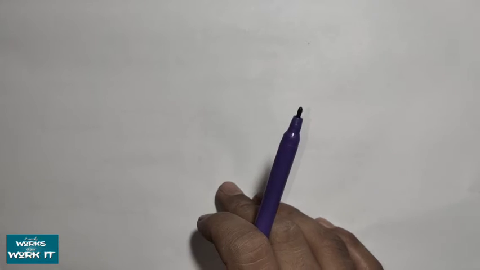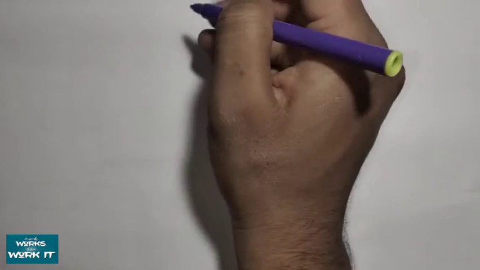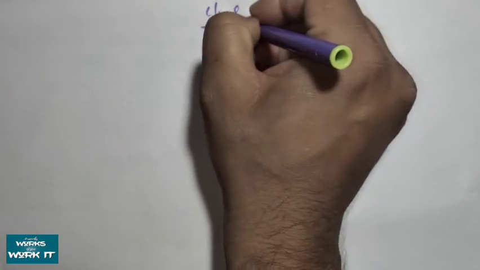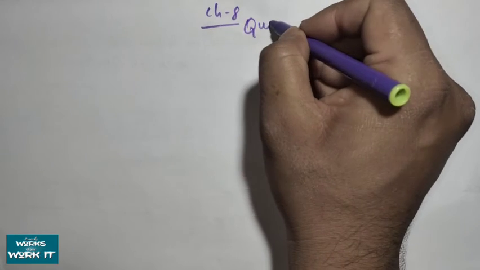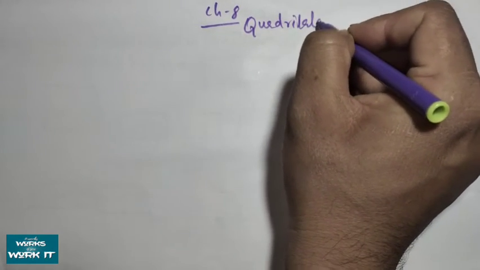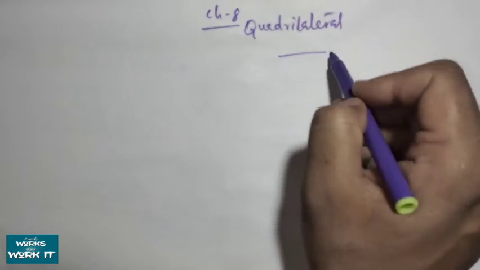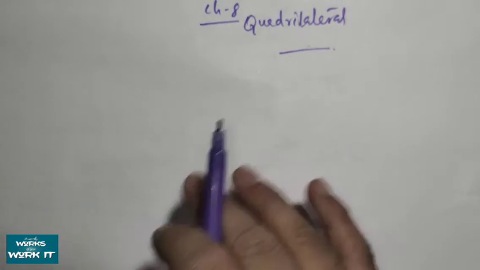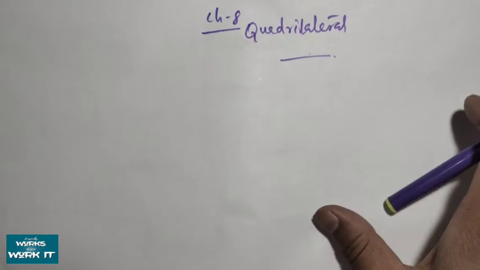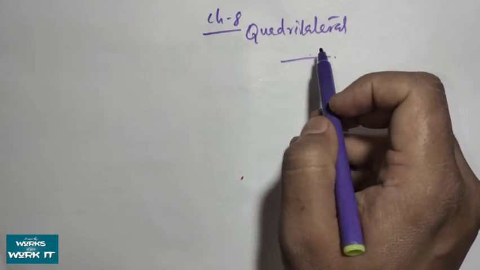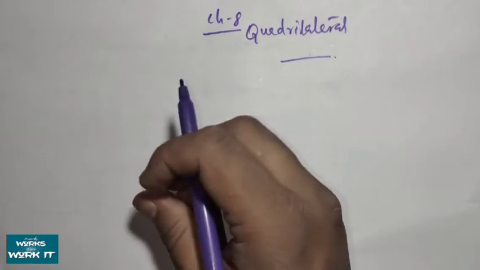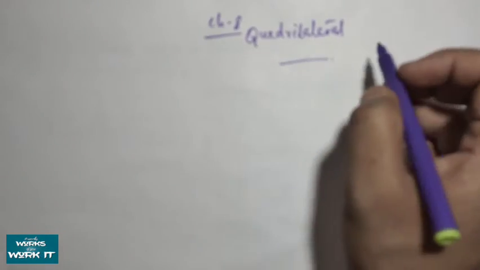Hello students. After chapter 7 we will start a new chapter, chapter 8, and that chapter is quadrilateral. So what is a quadrilateral? A quadrilateral means any four sides.